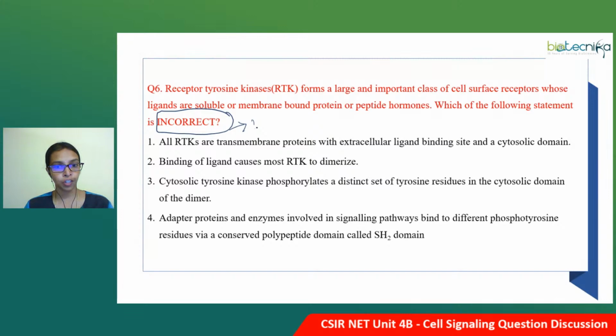These are the features of your receptor tyrosine kinase pathway. I hope you are all aware of different domains. Apart from SH2, do we have any other domains present in adaptor proteins? Can anyone tell me?